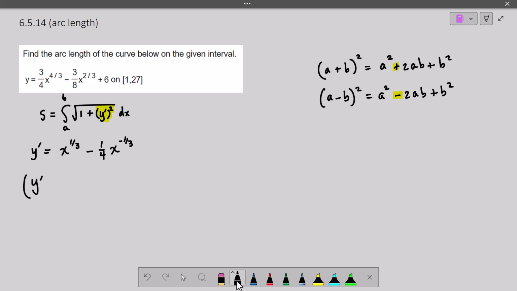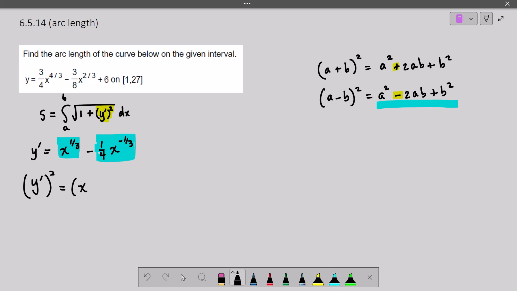And here's where I recommend not completely simplifying. Let's focus on this. When we figure out (a minus b) quantity squared, it should look like that. This is playing the role of a. This is playing the role of b. So we don't include the minus sign.